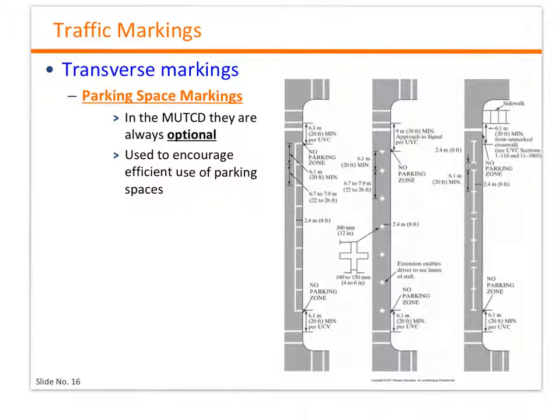If you are giving the driver a marked parking space, that means they know exactly where to park their cars, and therefore we're going to have more efficient space to fit more cars. While if it's not marked, then it's going to be up to the drivers to park wherever they want, and therefore the number of cars parking at the same location would be expected to be less.